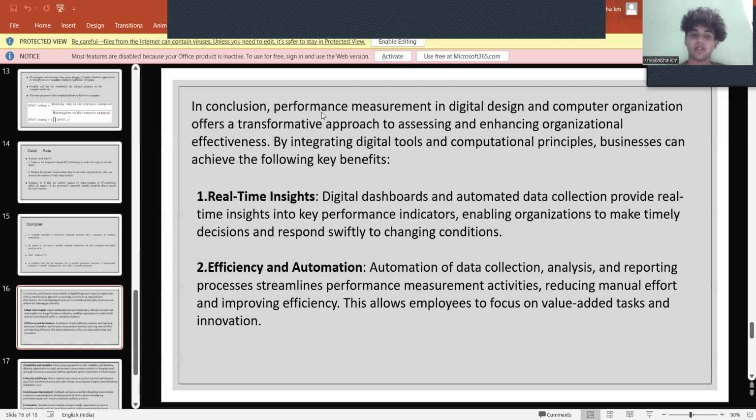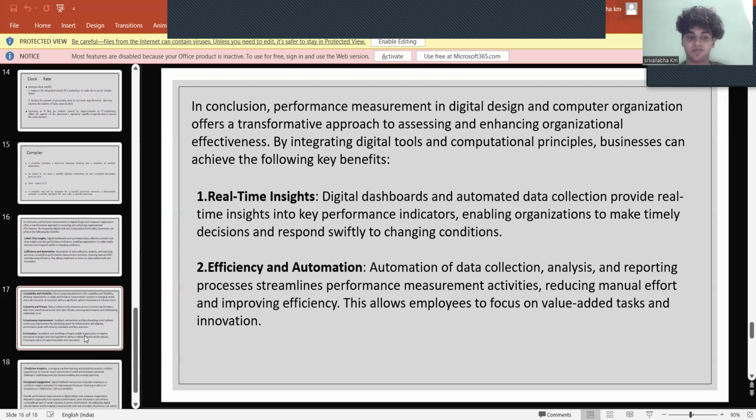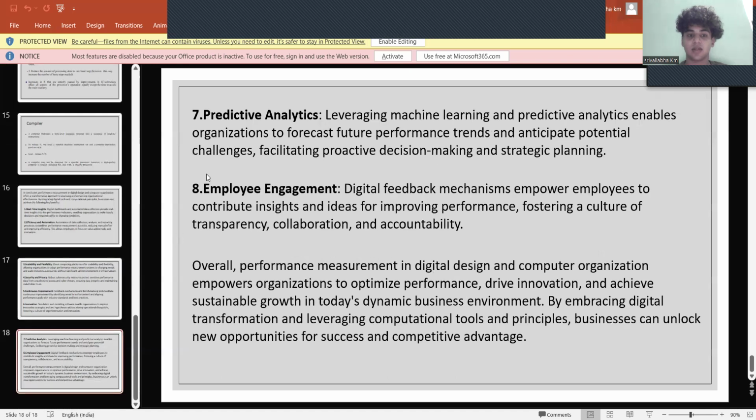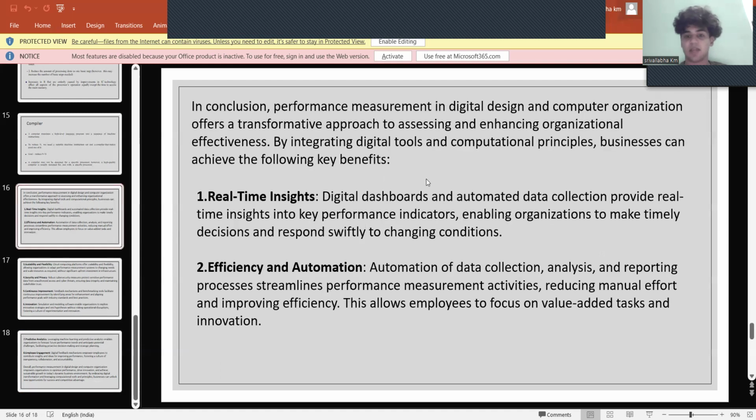Which are the key benefits? Real-time insights, efficiency and automation, scalability and flexibility, security and privacy, continuous improvement, innovation, and the last two, predictive analytics and employee engagement. Let's see them one by one.